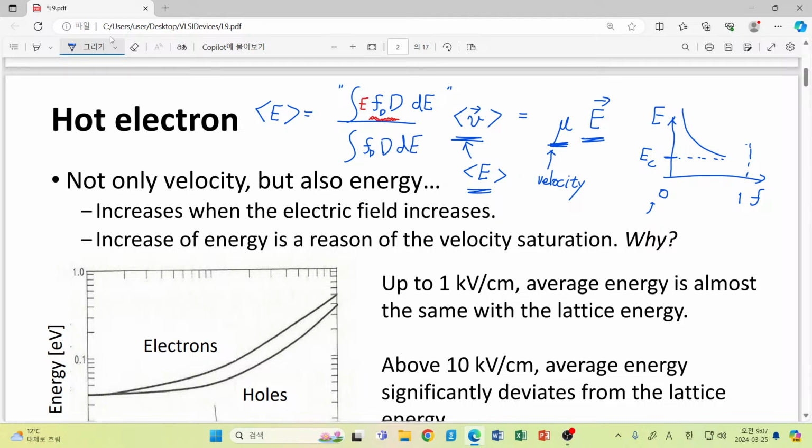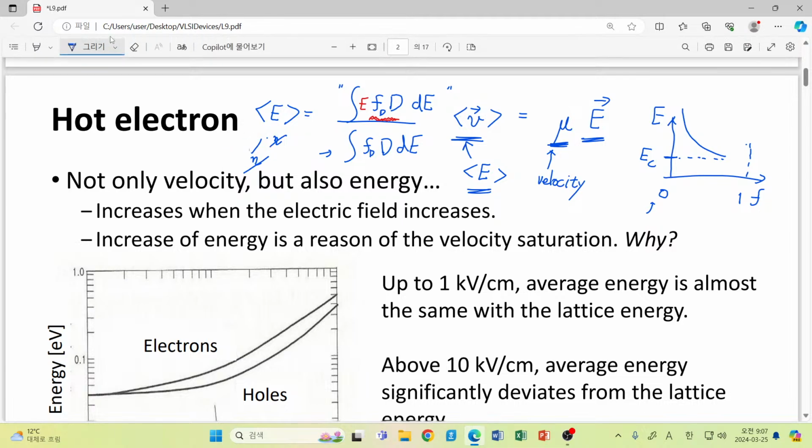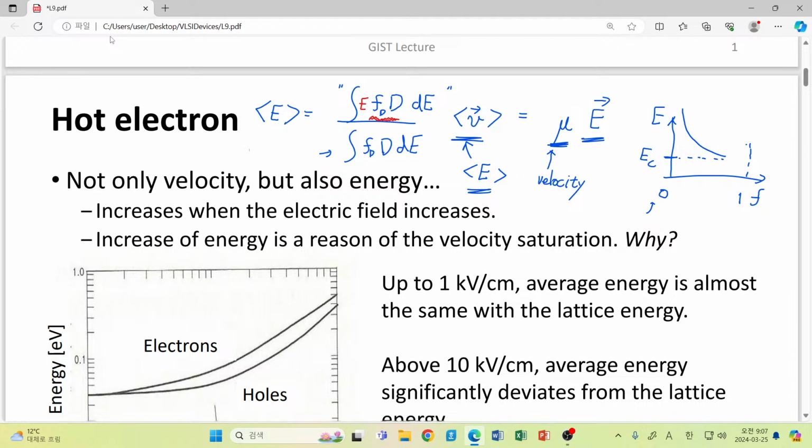The upper part gives a certain energy multiplied by electron density, and the lower part gives just electron density. They can be cancelled out, and we have a quantity corresponding to the average energy. That is obtained by this operation.